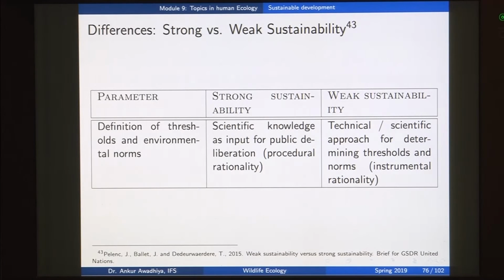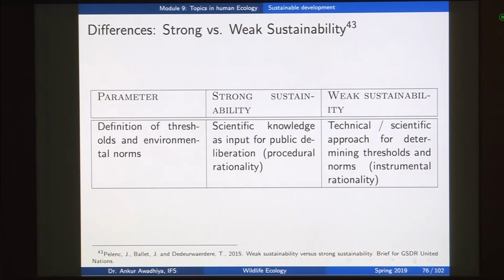Now, strong and weak sustainability have been a part of the public discourse. Policymakers have always been discussing whether we should go for weak sustainability, where we can degrade our resources to make more capital for the current generation, or whether there is a need to go for strong sustainability, in which we conserve our resources no matter what.